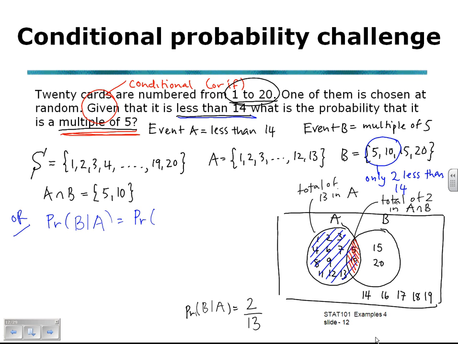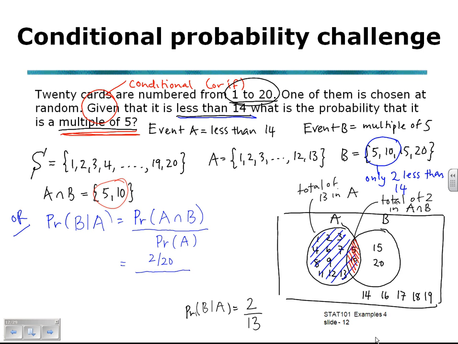So probability of B given that A has already happened will be the probability of A intersection B, same as probability B intersection A, doesn't matter which way around we write those, divided by the probability of A in our case. So probability of A intersection B, we have two values in A intersection B out of a possible 20. So the probability of A intersection B is 2 divided by 20.